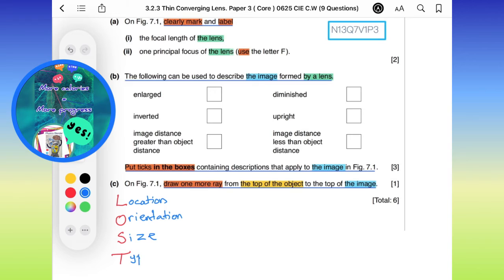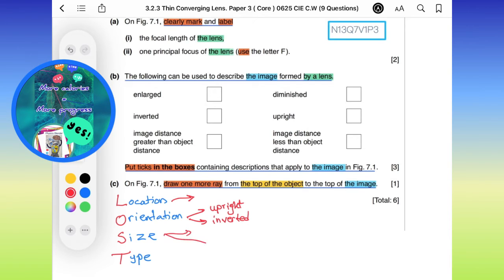What do you mean by location? Location means where the image will be located, or the distance between the image and the lens, or between the image and the object. Orientation: the image could be upright or inverted, upside down, not laterally inverted.